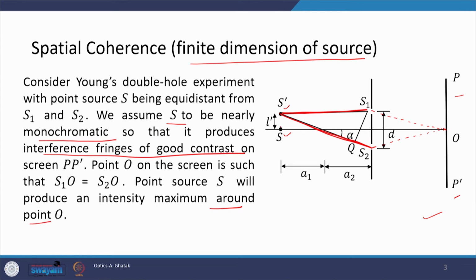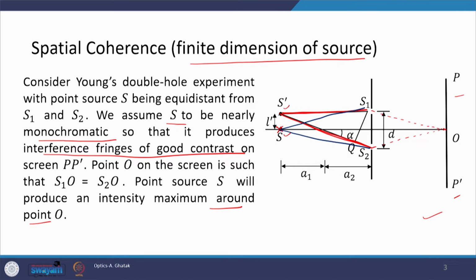Here S is symmetrically situated, therefore the distance S S1 is equal to S S2, and therefore the rays reaching points S1 and S2 from source S are in the same phase, they are phase correlated. Now, the second source, S prime, is not on the axis of symmetry, it is slightly displaced.